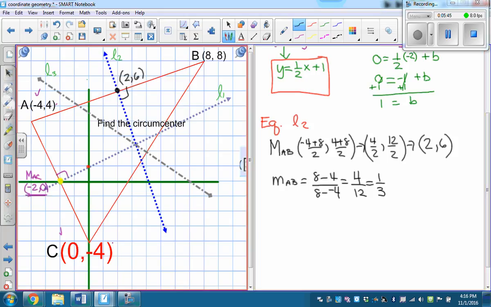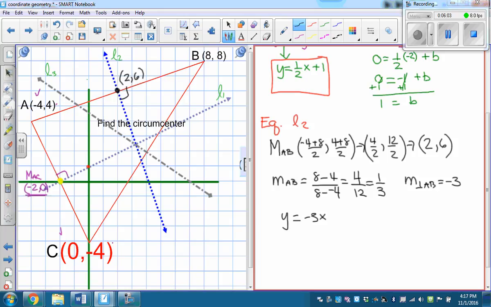So now we need the perpendicular slope. The slope of the line perpendicular to AB would be negative 3. So the equation for line 2, y equals negative 3x plus b, using this, and I'm going to plug in that. So for y, 6 equals negative 3 times 2 plus b, and that's 6 equals negative 6 plus b.